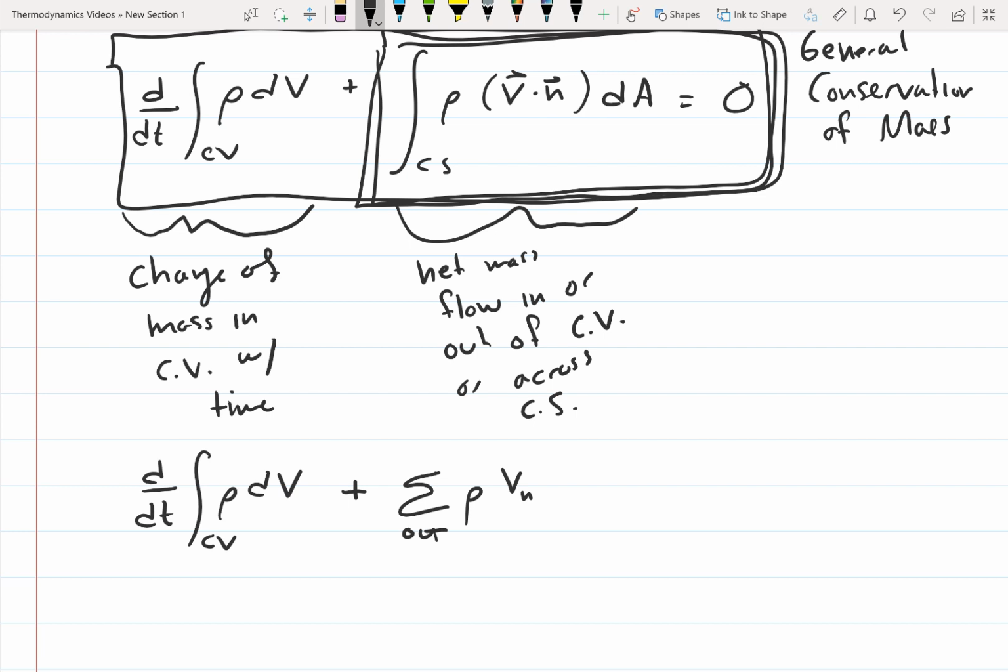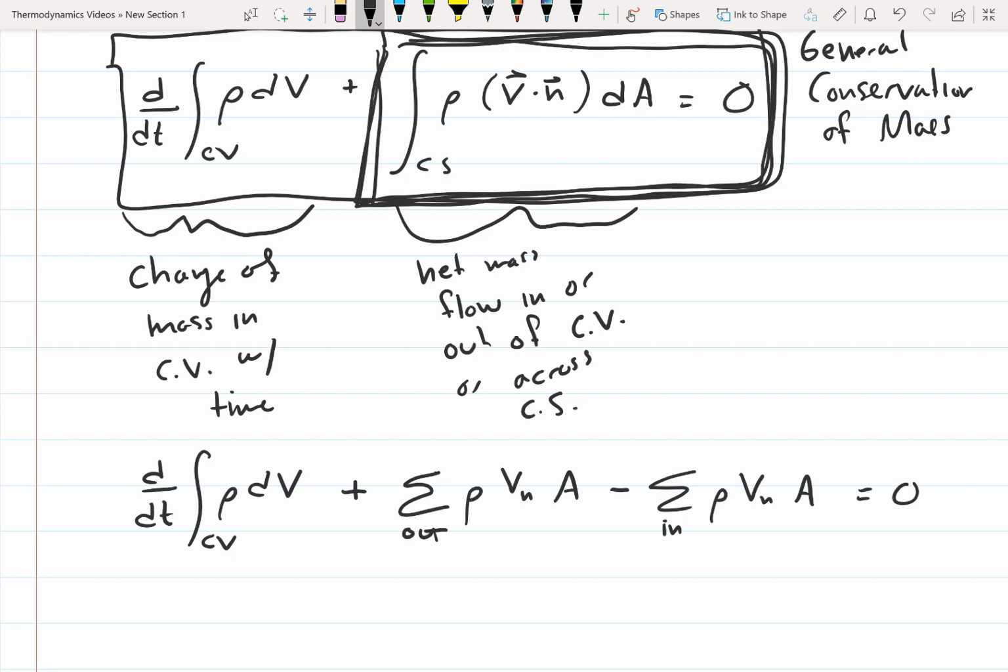I could write the v dot n, but I'm just going to write the normal component of the velocity multiplied by the area, and then minus, and then we want to sum up all of the mass flow in. So this is rho multiplied by the normal component of the velocity multiplied by area, and this is equal to 0.